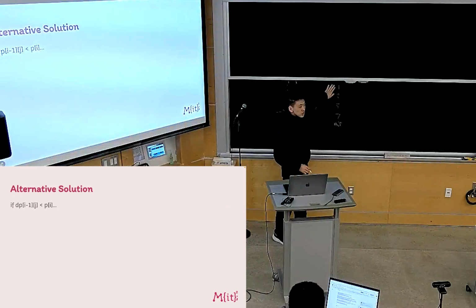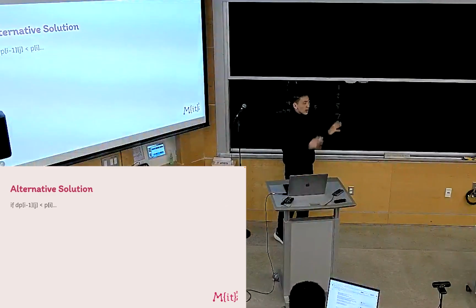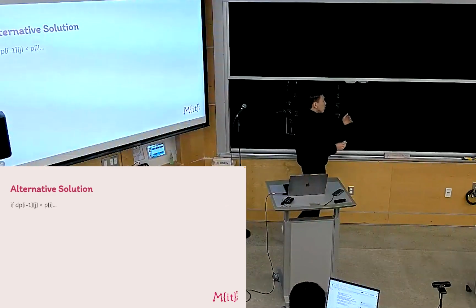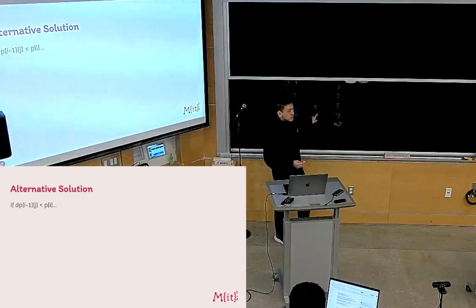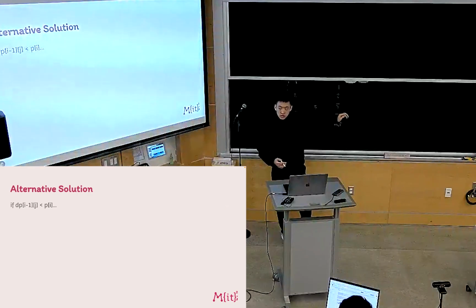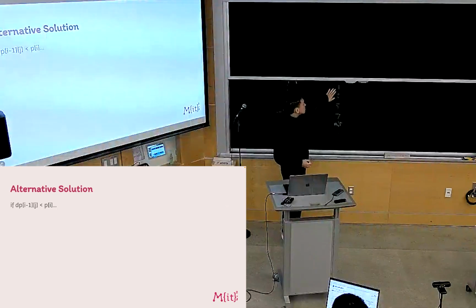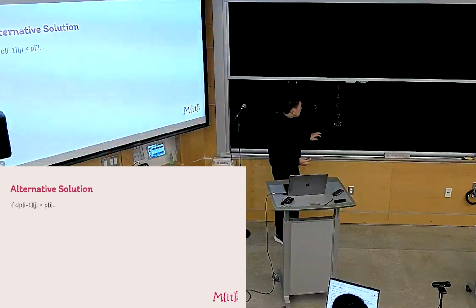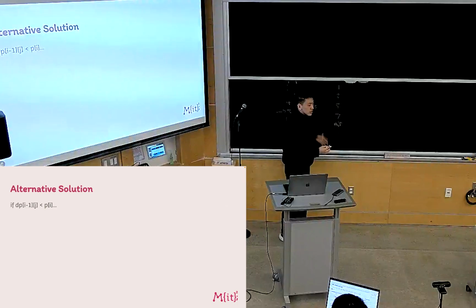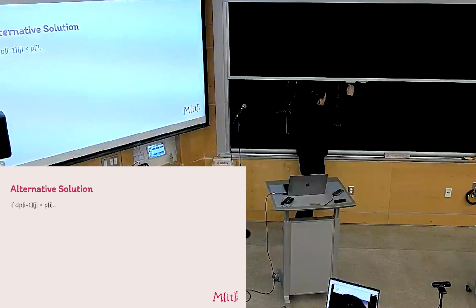So if dp of i minus 1 of j, which is size 1, already has something that is smaller than p of i, in this case 3, what must this be? Anyone? Well, if we already have something better than what we can make, we can just keep our previous thing because it's better than what we can make in our new DP array. So we keep this 1, right?